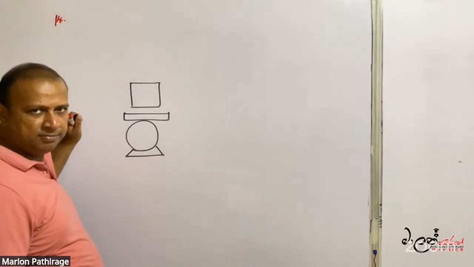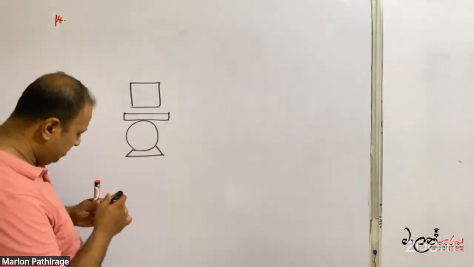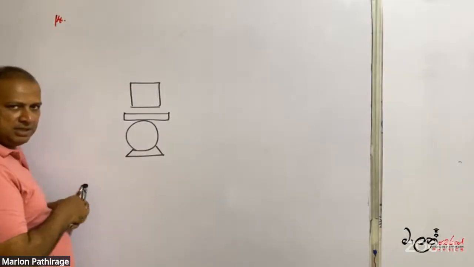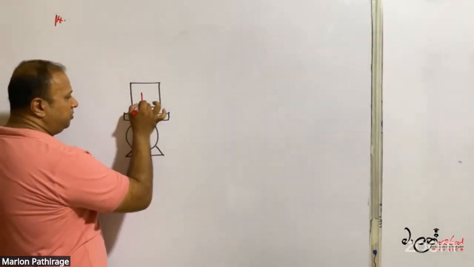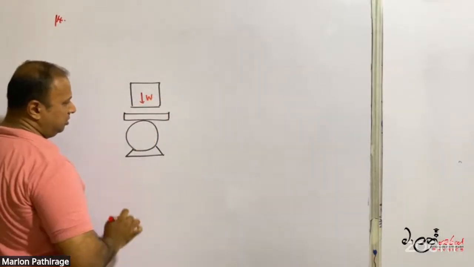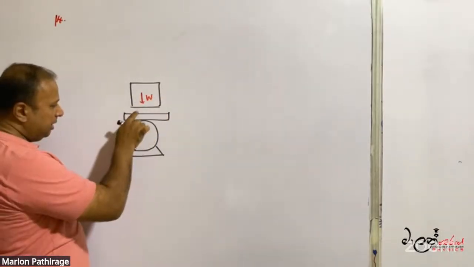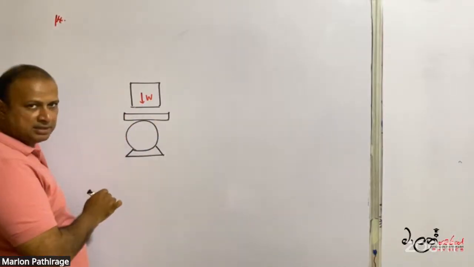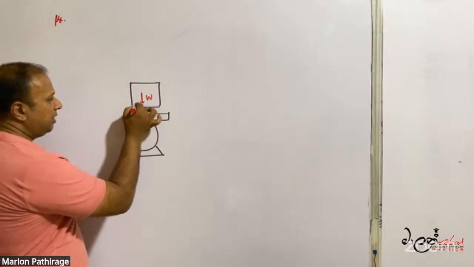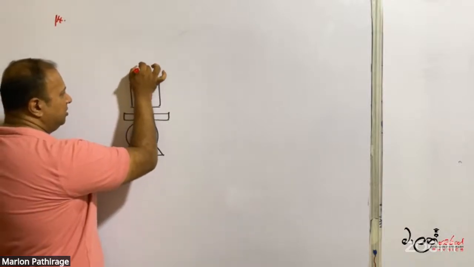Apparent weight means, look at this one. If we mark the forces, there's the weight of the object. And in between this plate and this mass, there's a contact reaction in the upward direction.